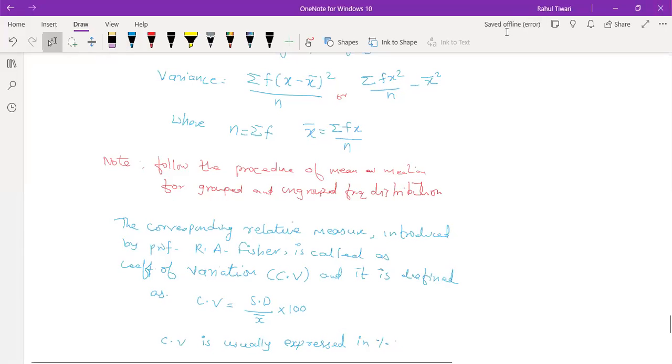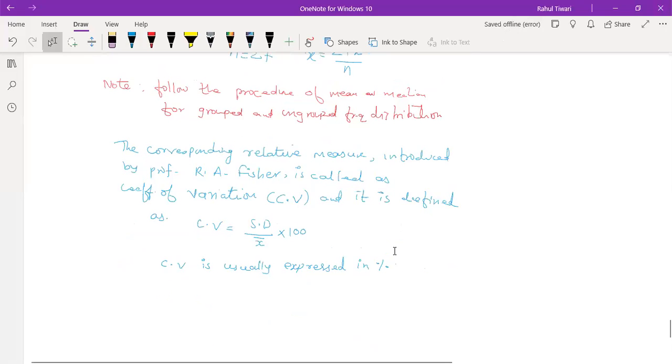Okay, so with this we have finished all the absolute and relative measures. We have a little bit of merits and demerits and a problem based on that.